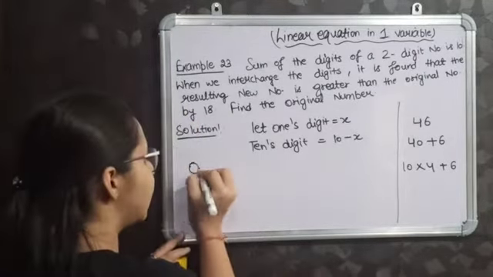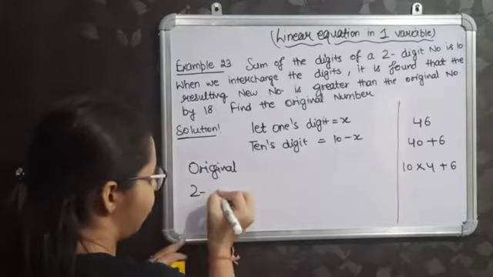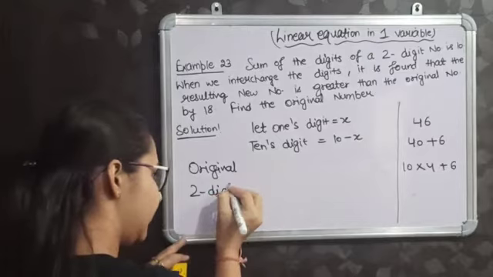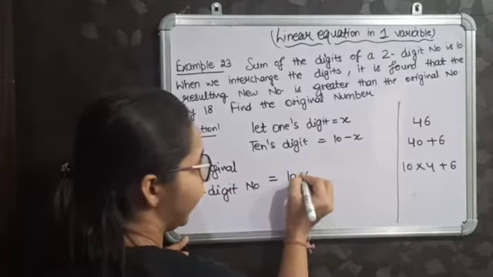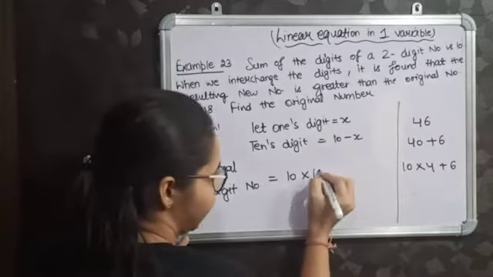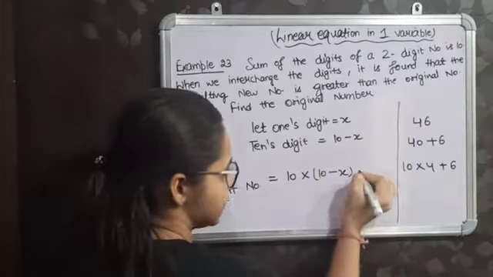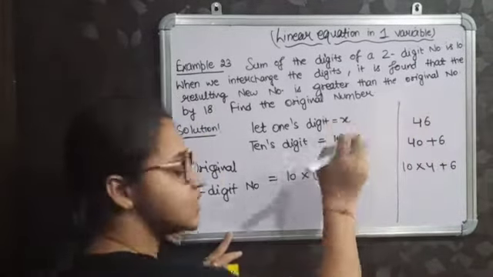So your original two-digit number will be 10 multiplied by the tens digit, here the tens digit is 10 minus x, plus the ones digit, here the ones digit is x.